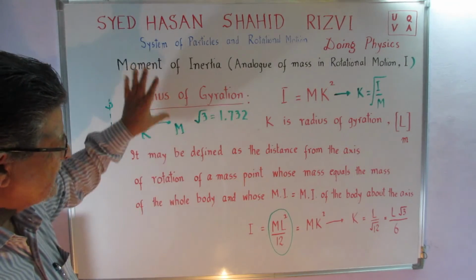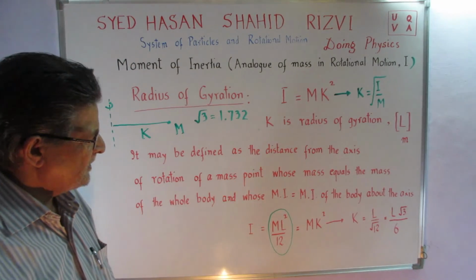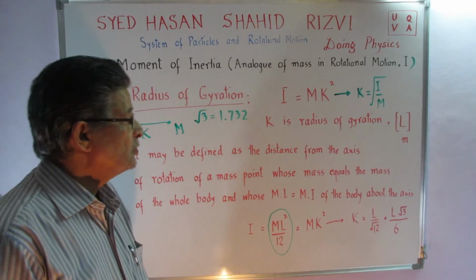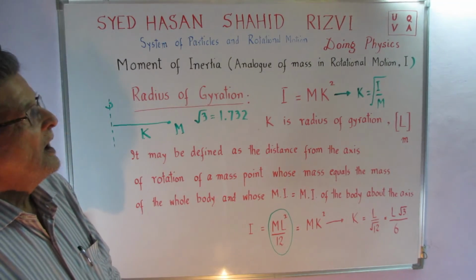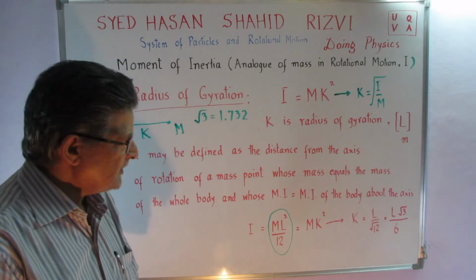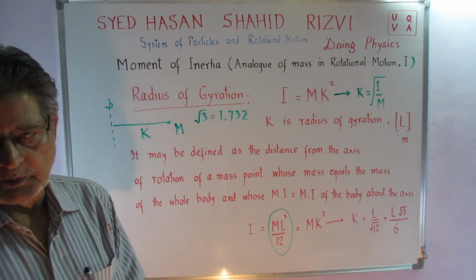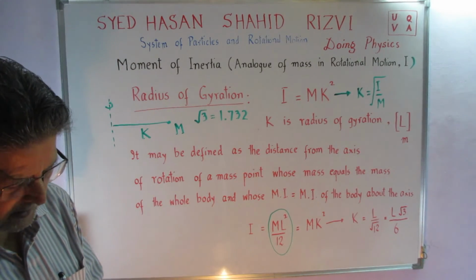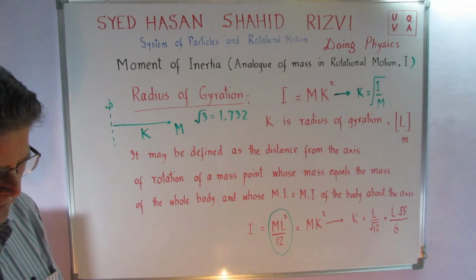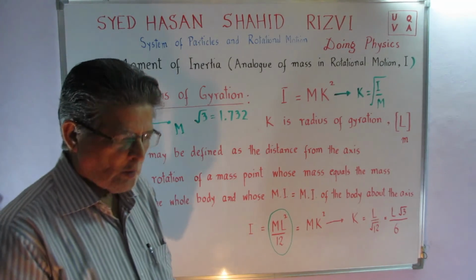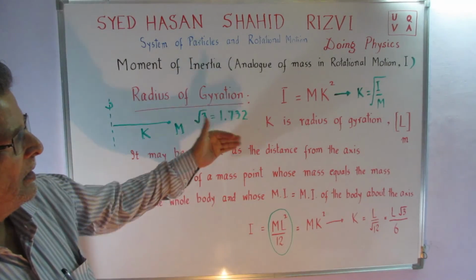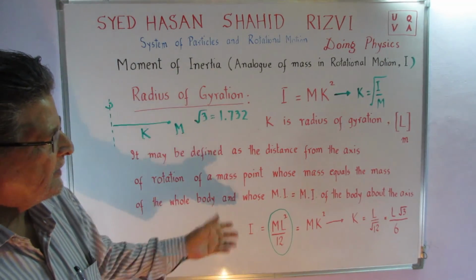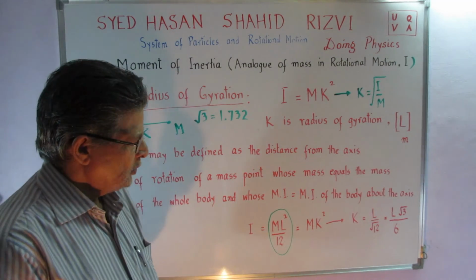In many cases I have done it, in many cases I have left it to you to do, and I have introduced the radius of gyration. Of course, I have left aside the two theorems, the theorem of perpendicular and the theorem of parallel axes, which I shall describe to you in the next outing.